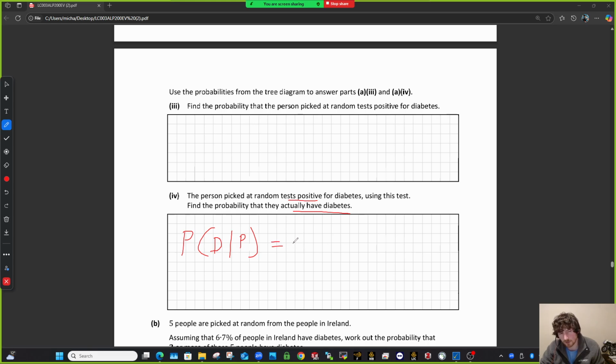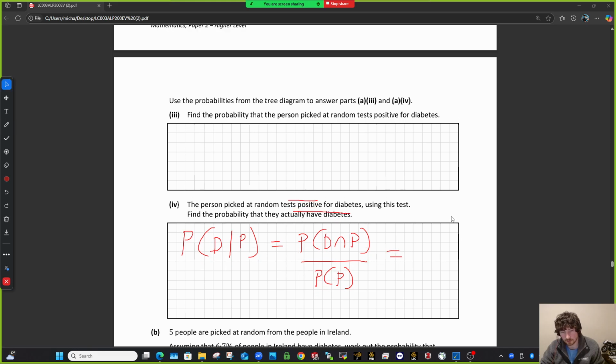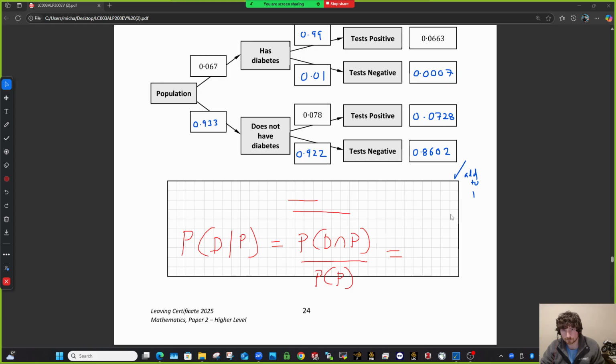And the formula for given probability says that on top you're meant to have the intersection of those two things divided by the last thing mentioned, which is the probability of testing positive. So then that's our formula. We come up here. The intersection, what does that mean? That's the probability of having diabetes and testing positive. That's this one.